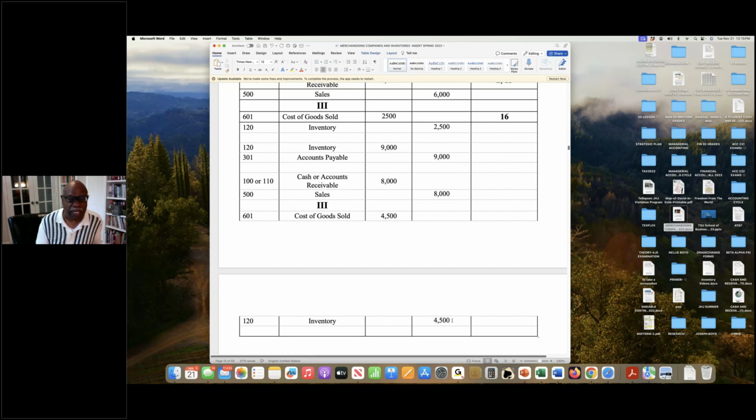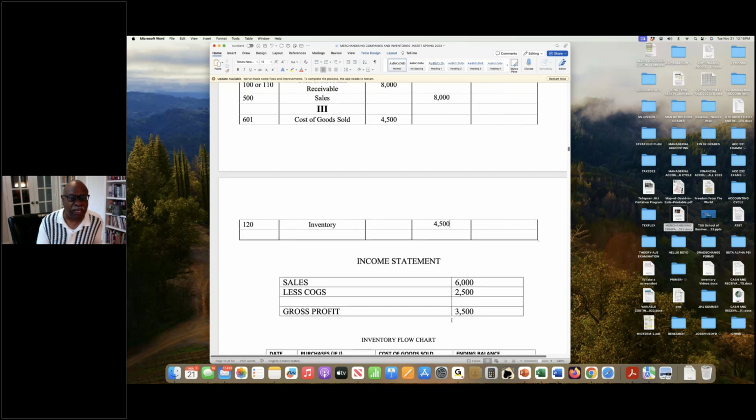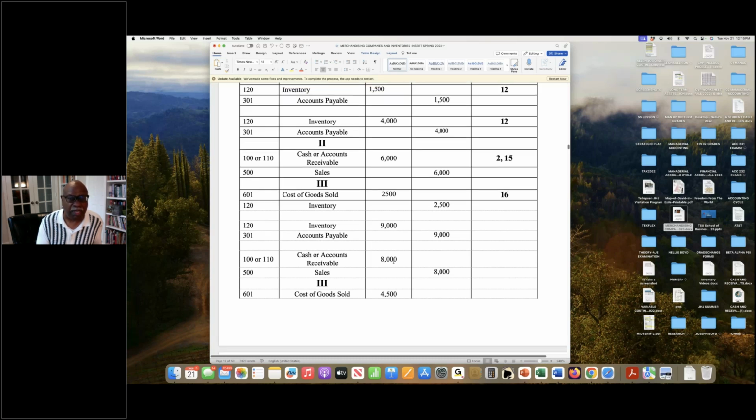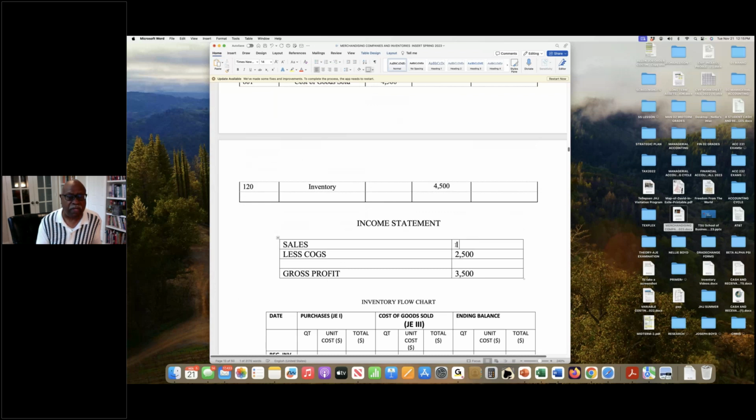Now when we get ready for this income statement, we got to combine both sales. There's a sale for 6,000 and there's a sale for 8,000. So we got to add those together and sales now become 14,000. And we got to add the cost of goods sold together.